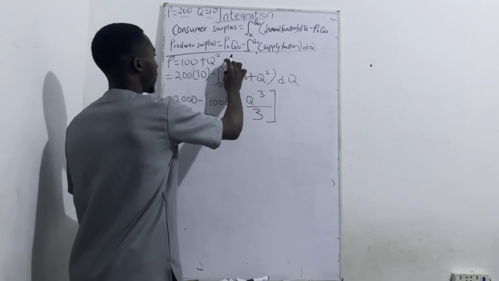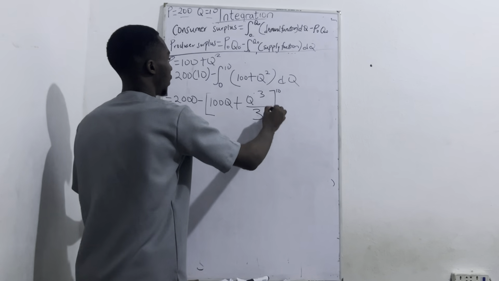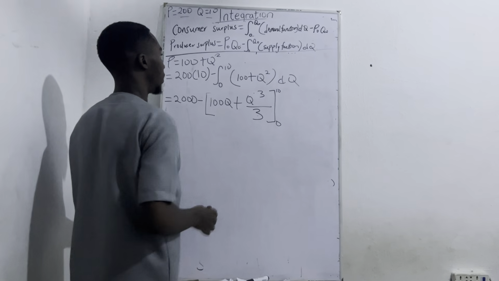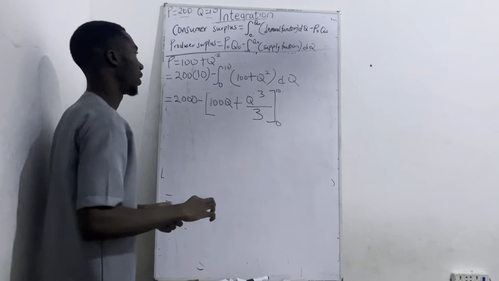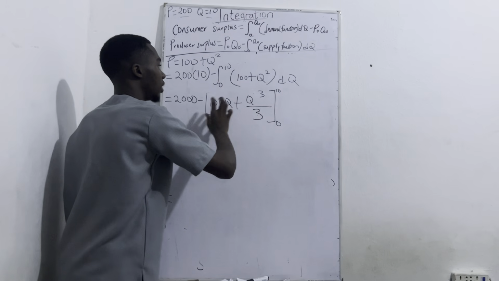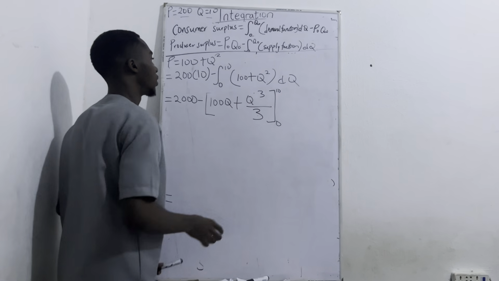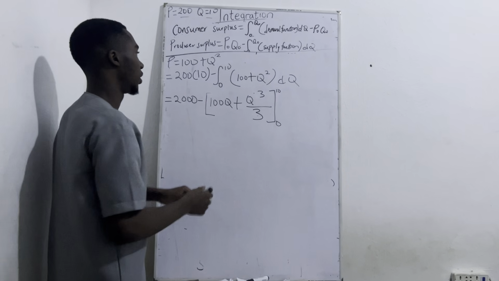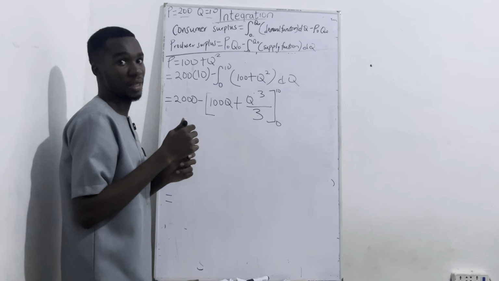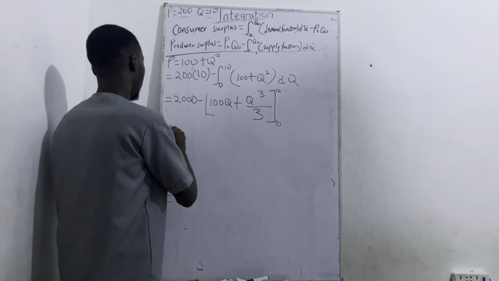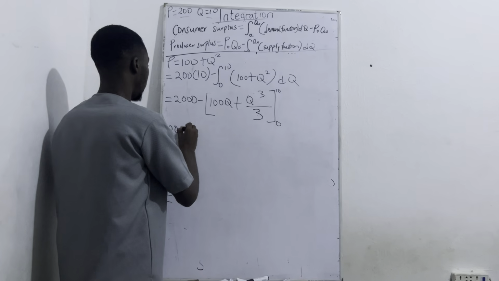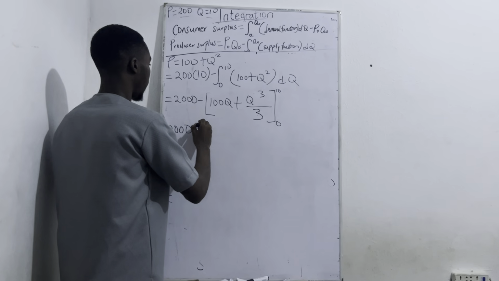And the limit, you have here to be 10, here to be 0. So that's what you're going to be substituting. You get it. All right. So now that we have this in mind, you are going to substitute 10 into this, then minus, when you substitute 0 into this. You can also make it 1 over 3 Q cube. It's the same thing like what we did earlier, but I want to use this one. We'll see if we get the accurate answer. So we are getting 2000 minus into brackets.